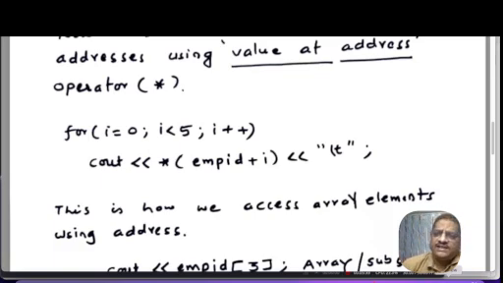So from here it is clear to you. You can see here. This is the base address, and then I'm adding 0, 1, 2, 3, so I'll be getting all the addresses. At the same time, since the value at address operator is applied here, it will give me all the elements. This is how we access array elements using addresses.